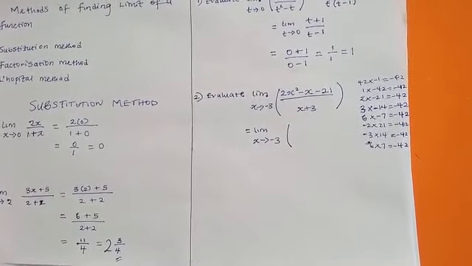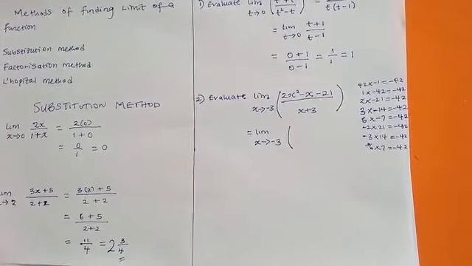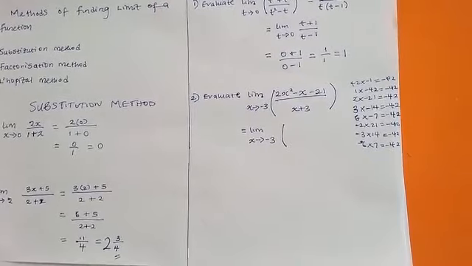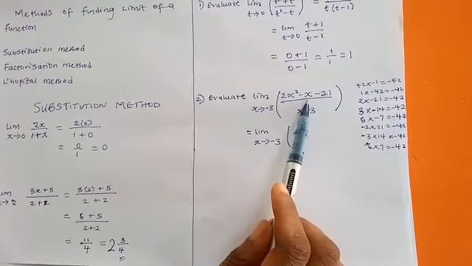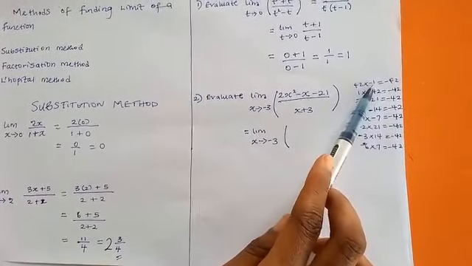Now from these factors, we have to look for the two factors that, when you combine them, will give us a negative x. When you do 42 minus 1, it will give us 41.